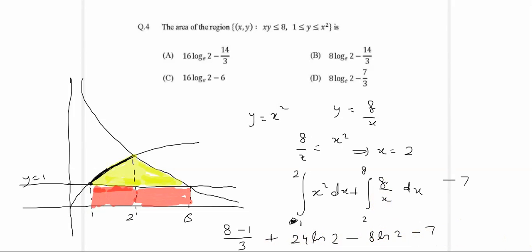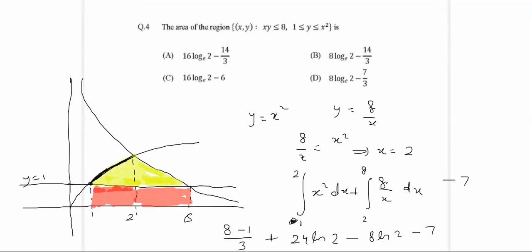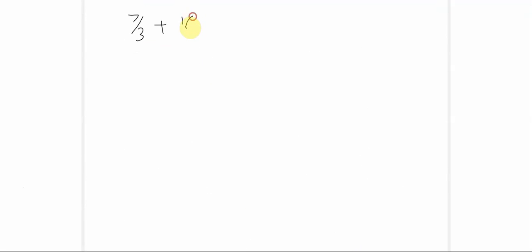So let's see what we get as the final answer. It's 7 by 3 plus 16 ln 2 minus 7.